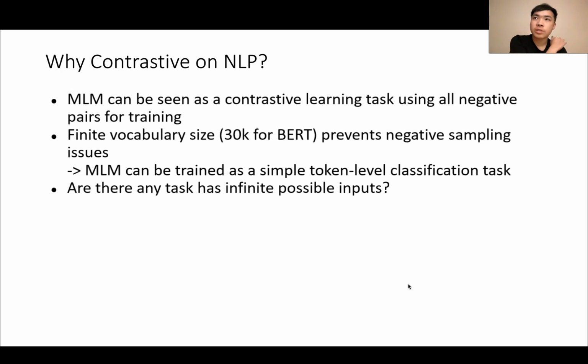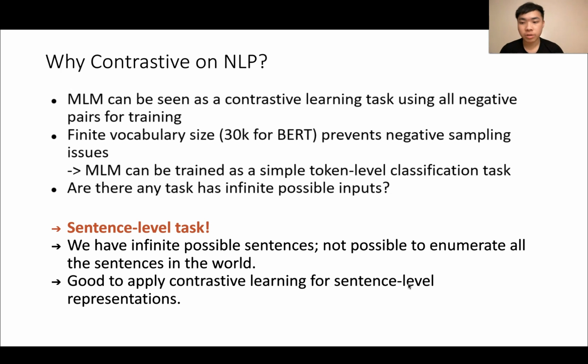However, there are also other tasks that have infinite possible inputs. For example, if you are dealing with a sentence-level task, we have infinite combinations of words, so we have infinite possible sentences in the world. So it's not possible to use all the sentences in the world to train your model.